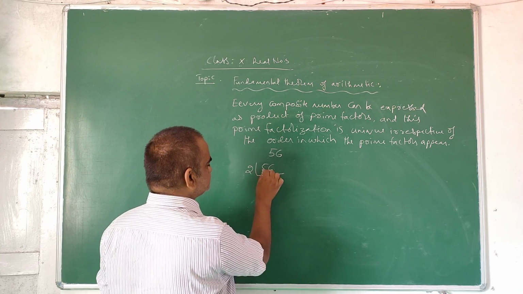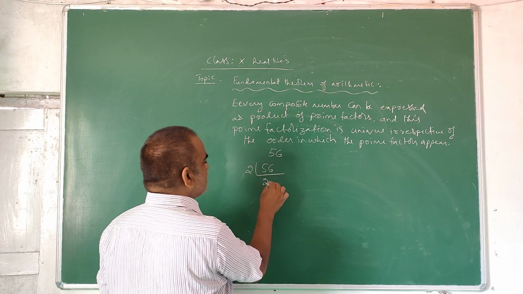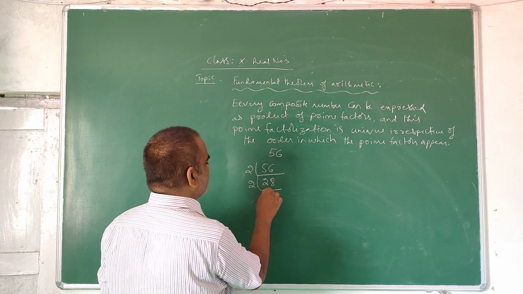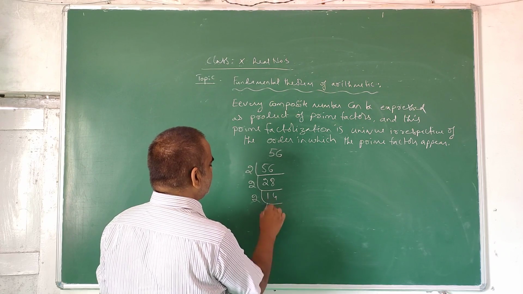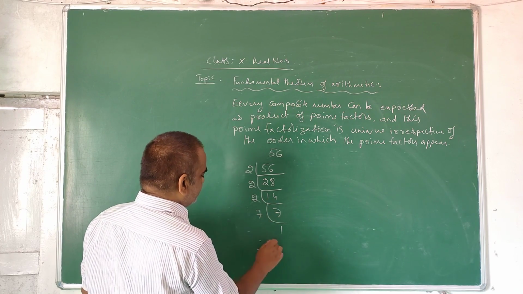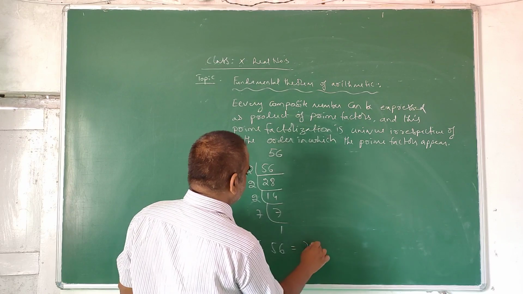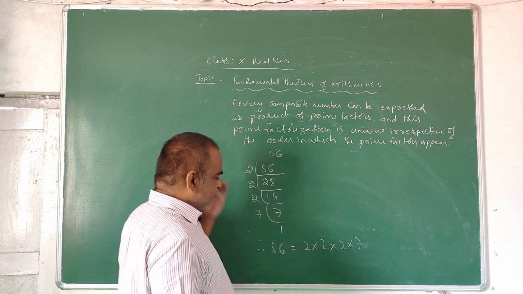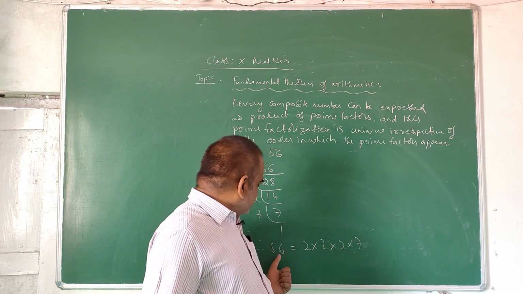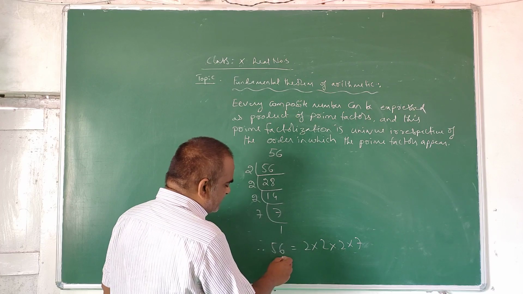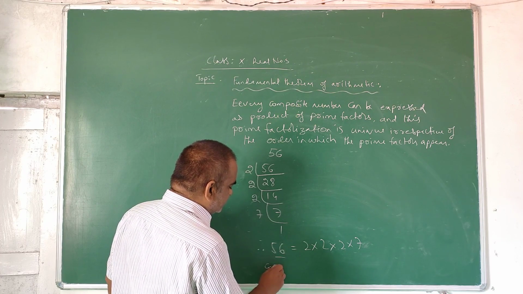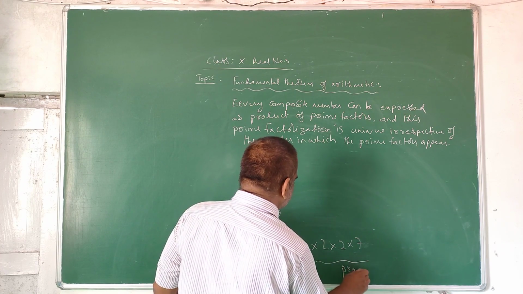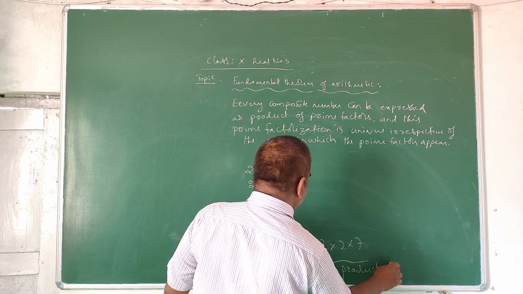So now, 2 2s are 4, 2 28s are 56, 2 14s are 28, 2 7s are 14, 7 1s are 7. Therefore 56 is equal to 2 into 2 into 2 into 7 into 1. That's it, into 1 not necessary. So this LHS is a composite number, and the RHS is a product of prime factors.